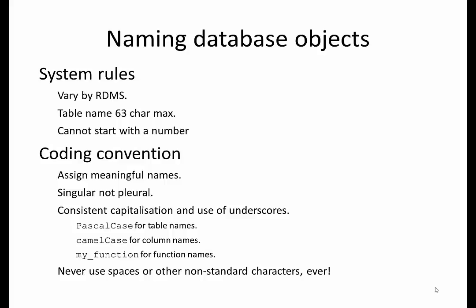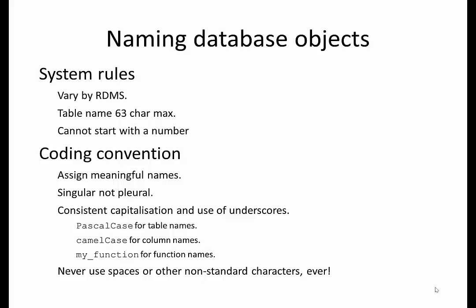So for example, in Postgres, a table name can only be up to 63 characters long. I believe it can't start with a number as well. So that's just the rules of the Postgres database. Physically, the database management system constrains what you can name tables. Also columns, and any other data object maybe has similar types of constraints on them.